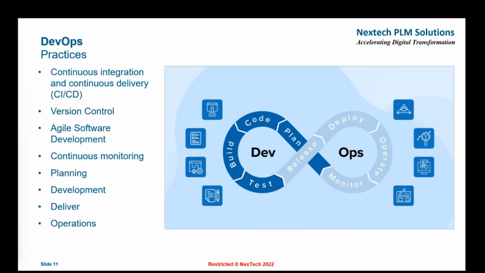If you are working in DevOps, your software delivery should be agile based, not waterfall based. Based on agile concepts, in a given specific time, you have to deliver the features, developed with quality, and users can start utilizing the benefits. So agile based software development, continuous monitoring.